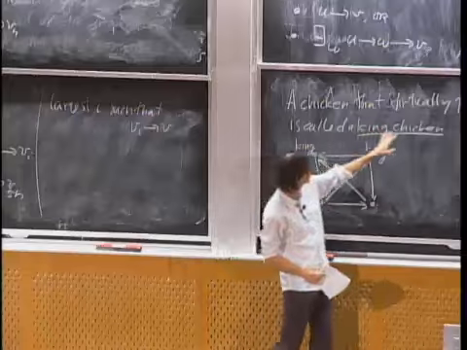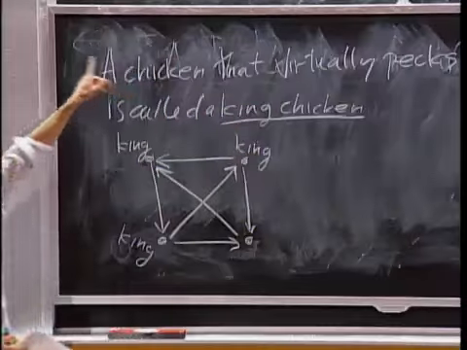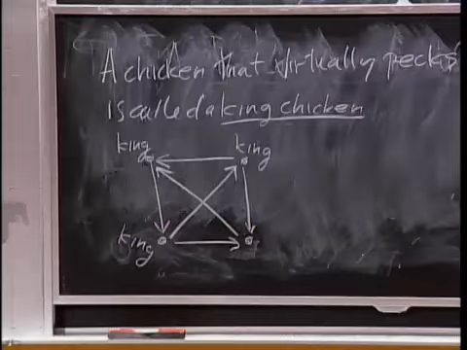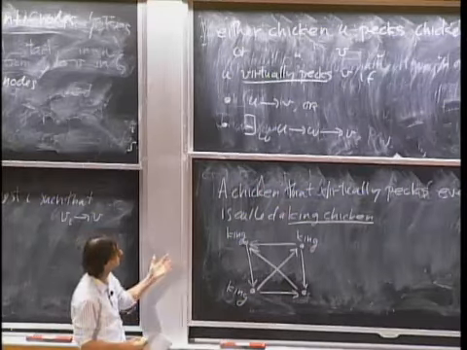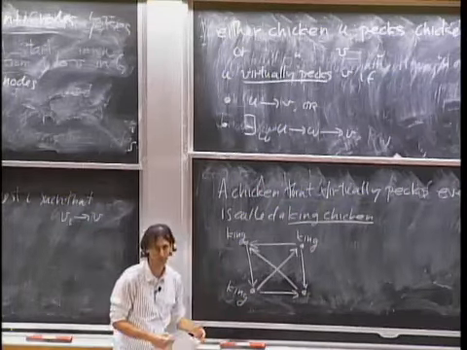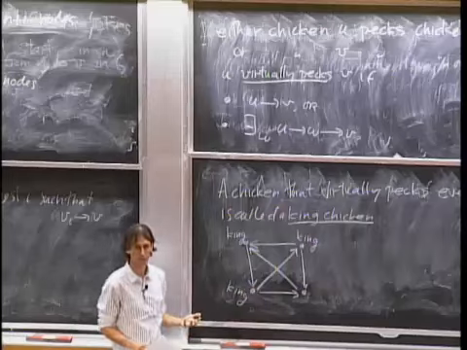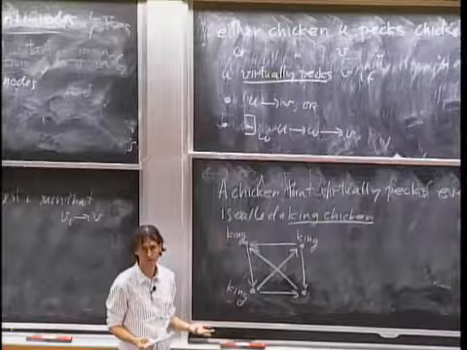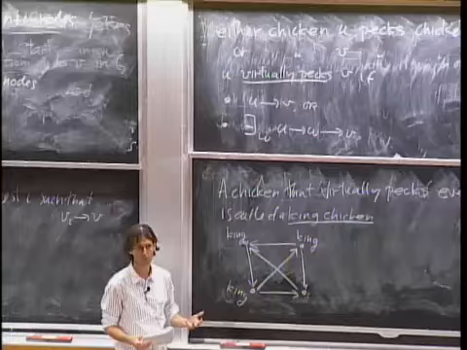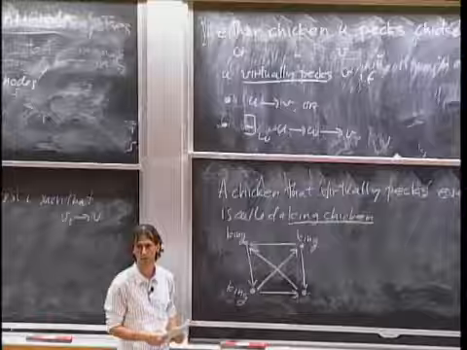We're talking here about virtual pecking. We have this definition. So what kind of node in a tournament graph can we know for sure is a king? Do you have an intuition for a theorem that we may want to prove?